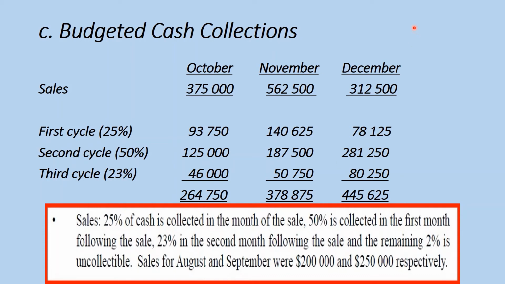378,875. In December, we have the sales being 312,550, 78,125 would be 25% in the month, and then we have the 50% from here, 281,250, and the 23% from here, 80,250, making up a total of 445,625 we will expect to collect in the December.